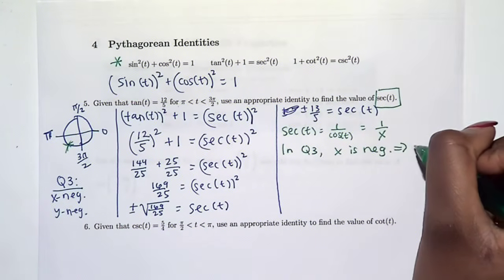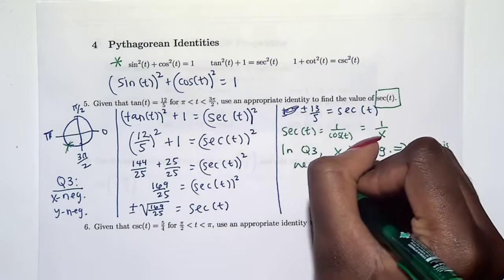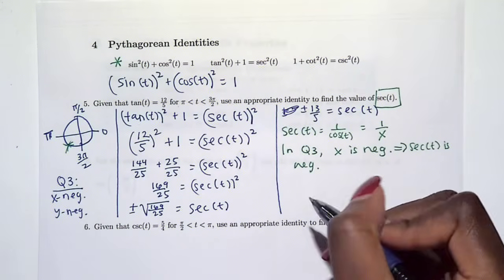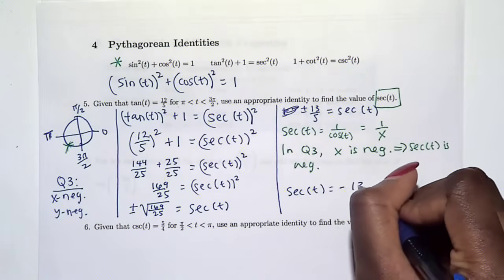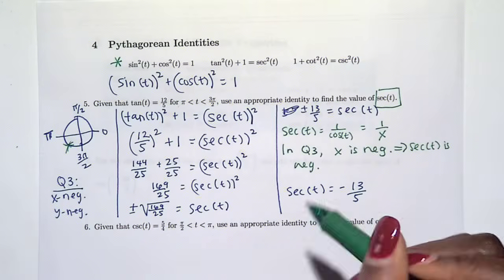So that means our secant is negative, which tells us that secant of t is negative 13 over 5 and not positive 13 over 5.